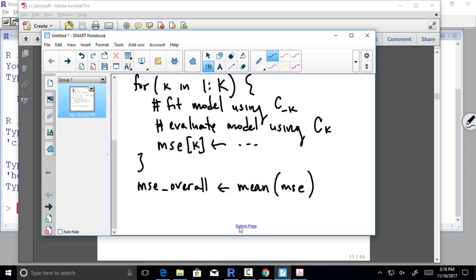And that number, that accuracy, is in most important ways comparable to the accuracy you would get if you had just done a straight train test split.